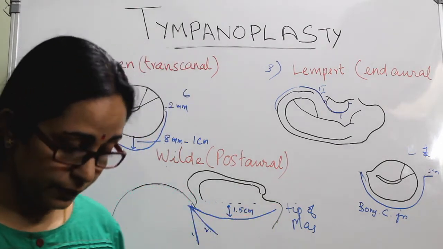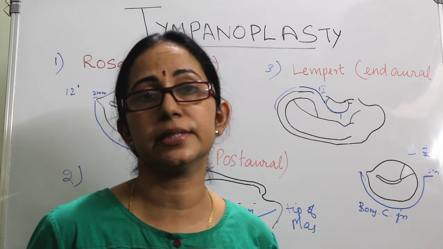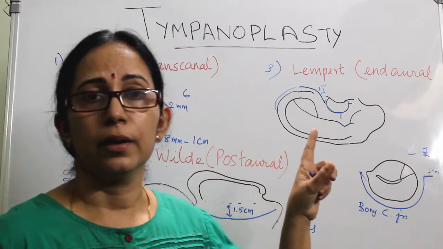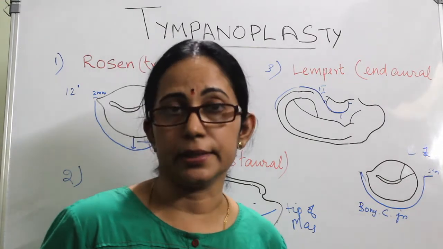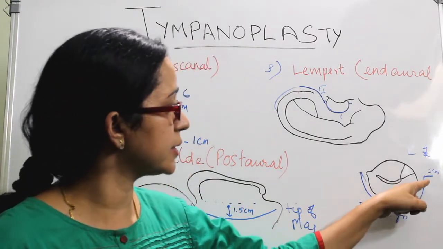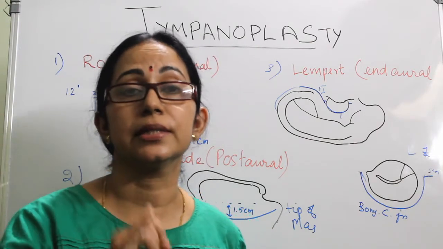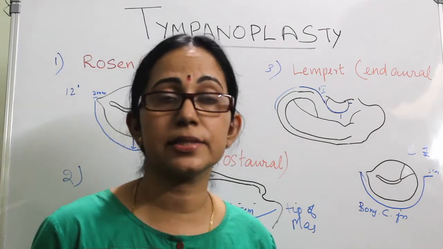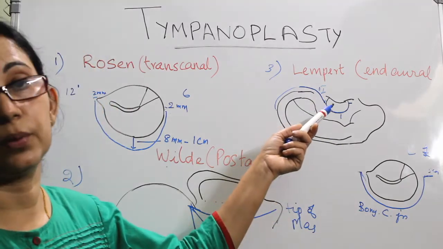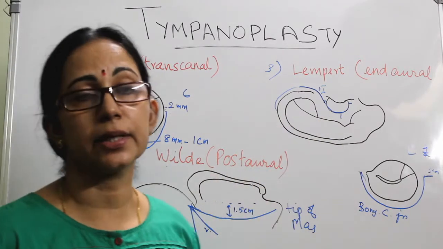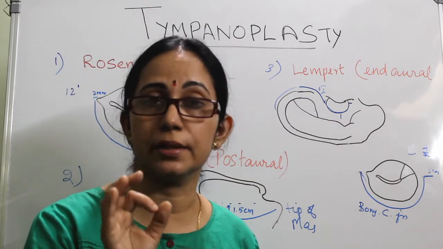The advantage is that it goes through an area where there is no cartilage. Here it is the bony cartilaginous junction, and in the incisura terminalis there is also no cartilage. So there is no cutting of cartilage. The disadvantages are, if there is keloid formation, it becomes an ugly scar, and the exposure with the Lambert endaural incision is limited.